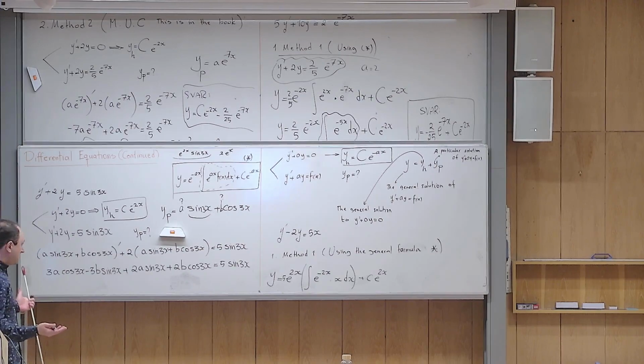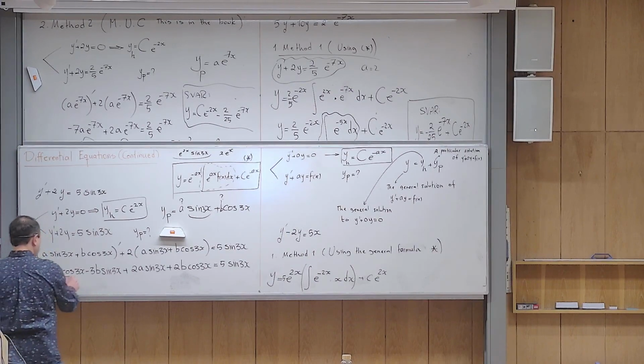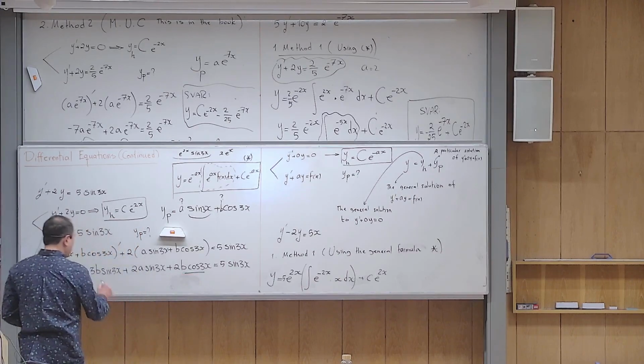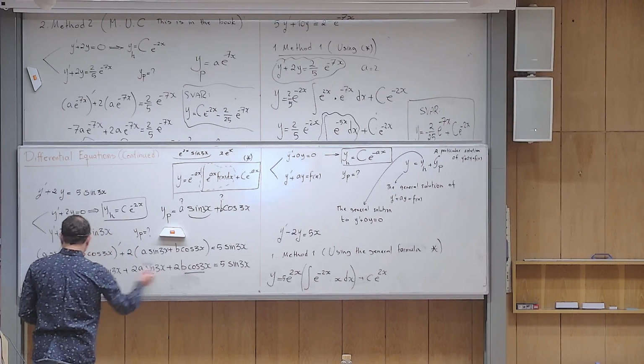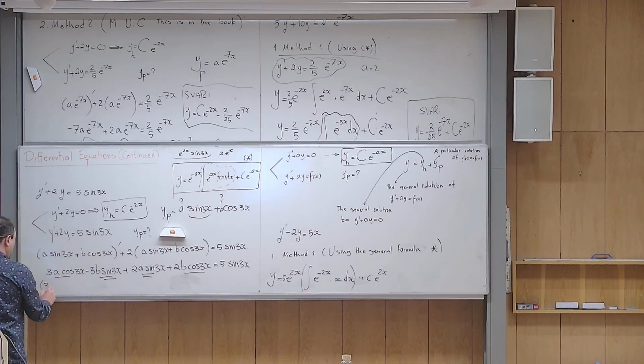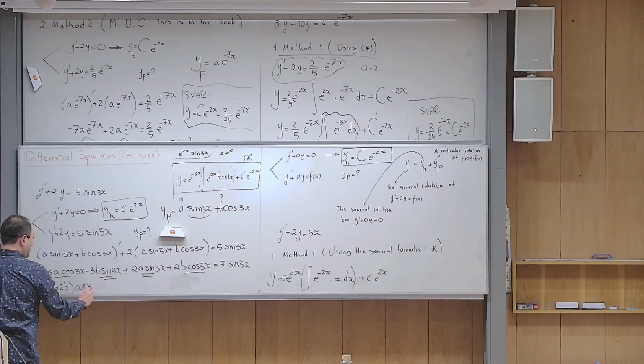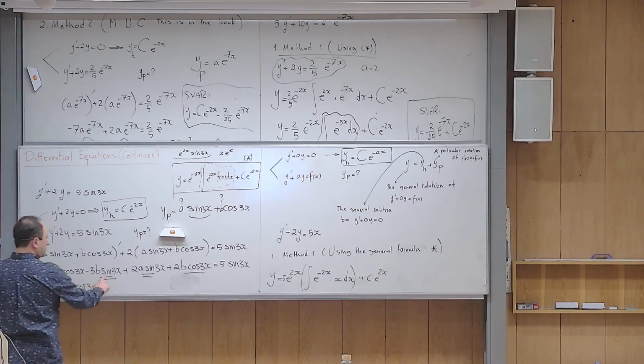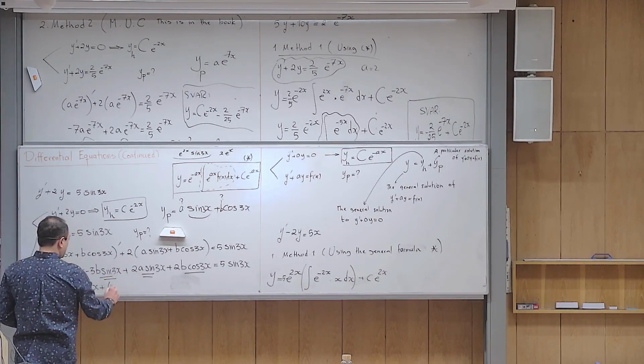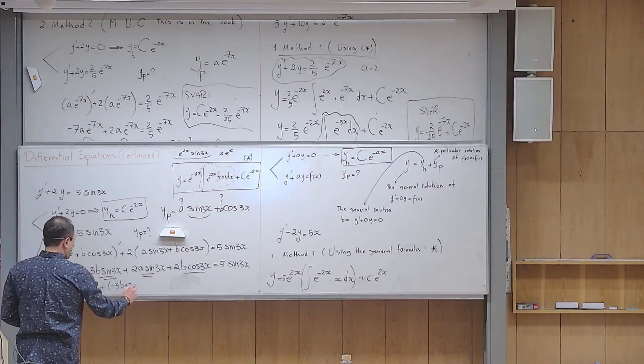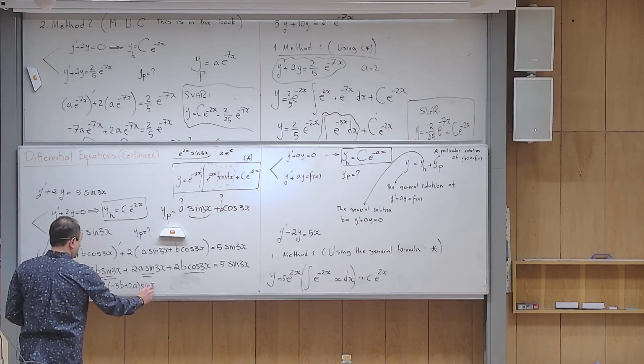Okay, so what is the best way to think about it, if this is a little bit complicated? 3a cosine 3x plus 2b cosine. Yes, you factor this out, and then you factor this out. So between these two, I can say 3a plus 2b, and then I have cosine 3x. And between these two, I can write plus minus 3b plus 2a, sine 3x.